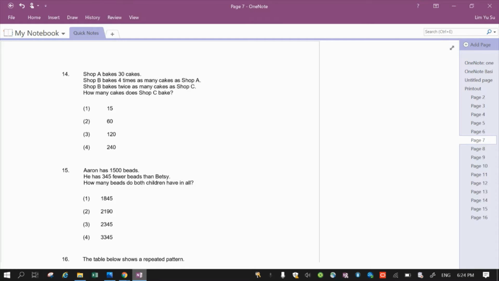So, I think most of us face problems with word problems. And here we are looking at some of the questions with regards to two-step word problems involving multiplication and division. The questions we are going to look at are question 14, question 29, and question 31.